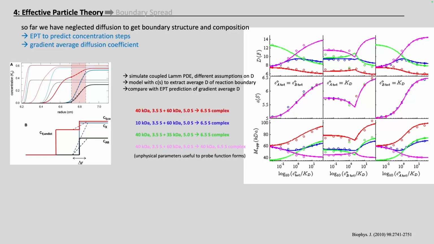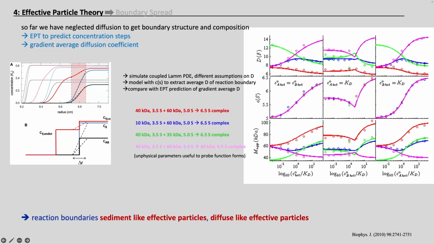And when we carry this out for different concentrations and different assumptions on diffusion coefficients, then we can find that the predictions very nicely describe the empirical values. There is no adjustable parameter in these comparisons. So I'd like to conclude that not only do the reaction boundaries sediment like effective particles, but they also approximately diffuse like you would expect of real particles. And this can give us an idea not only of the reaction boundary S value, but also the boundary shape.